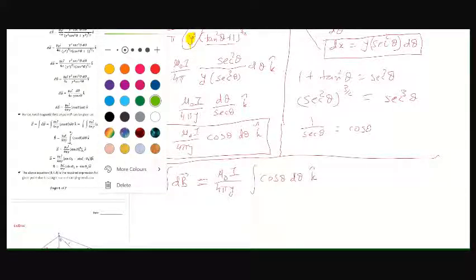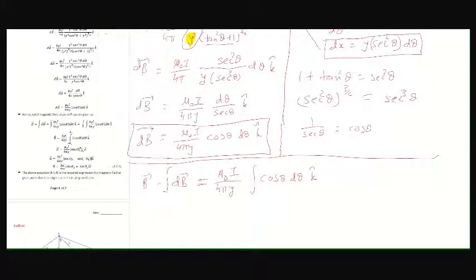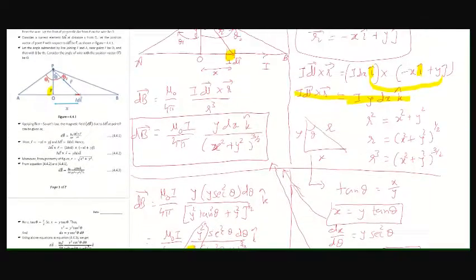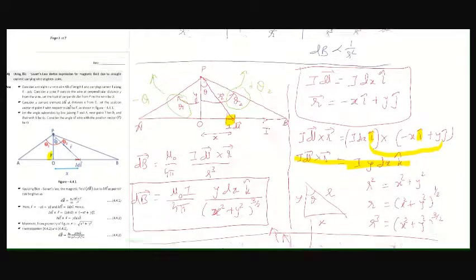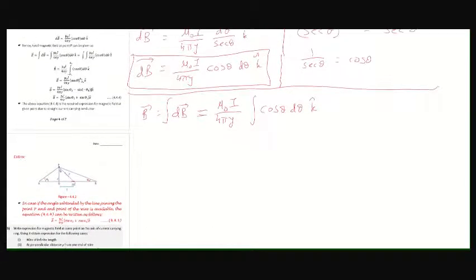So we know that one side of the wire is subtending angle theta 1, whereas the other side is having theta 2, but theta 1 is in clockwise manner, theta 2 is in anti-clockwise manner. So theta 1 is considered as minus theta 1, theta 2 is considered as plus theta 2, and then my limits of integration will be minus theta 1 to plus theta 2.